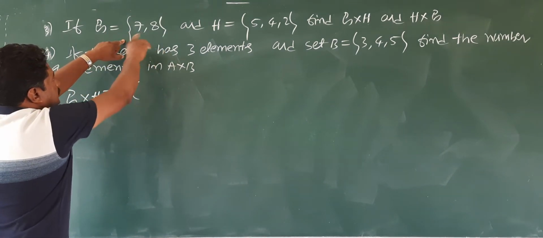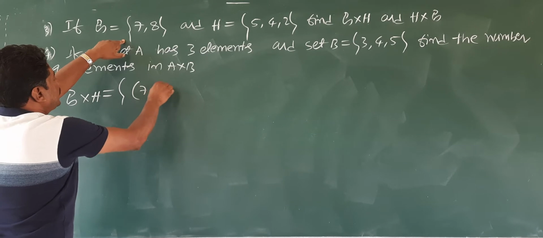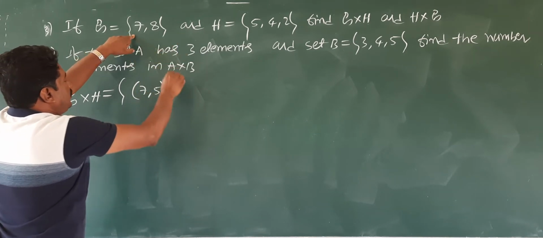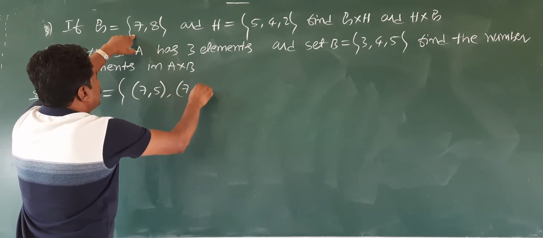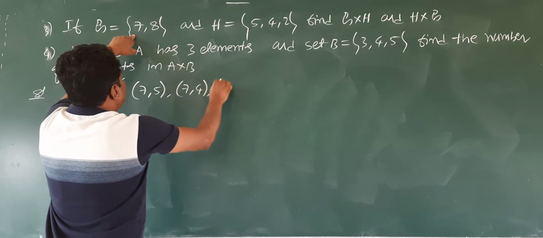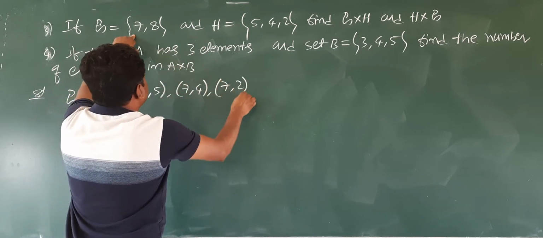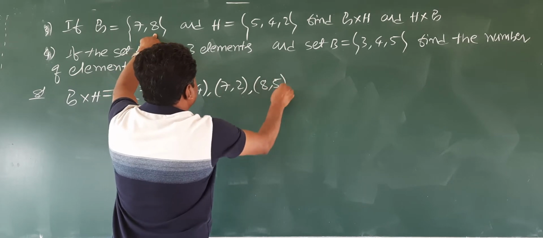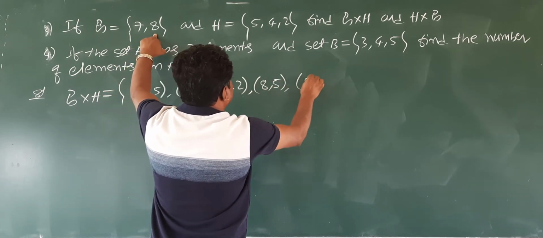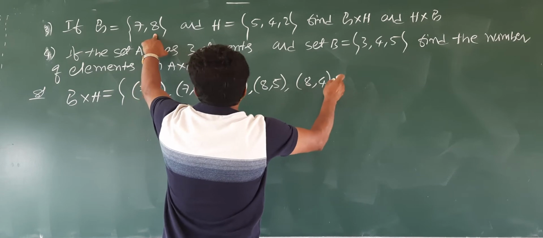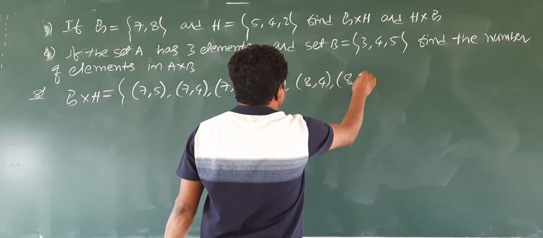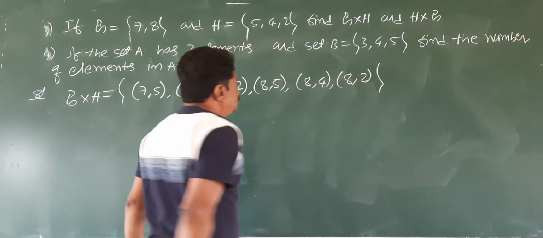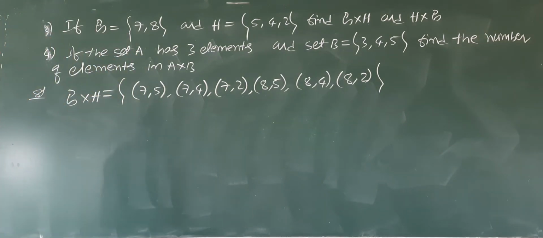Tell me: (7, 5), next (7, 4), next (7, 2), next (8, 5), (8, 4), (8, 2). So we got this G cross H.